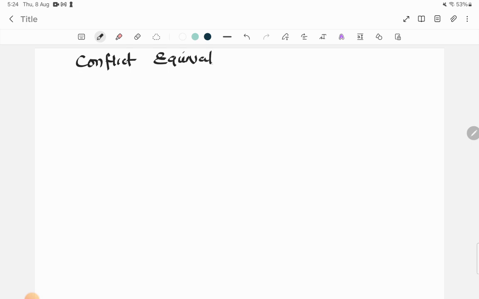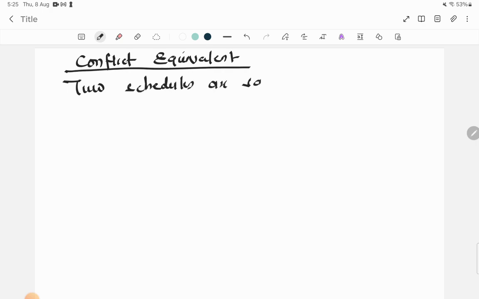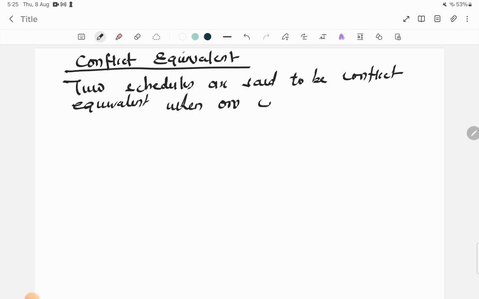What is conflict equivalent? Two schedules are said to be conflict equivalent when one can be transformed into another by swapping non-conflicting operations.